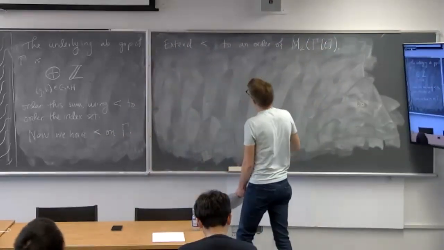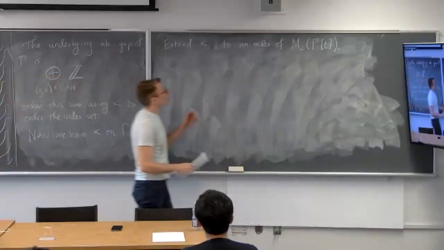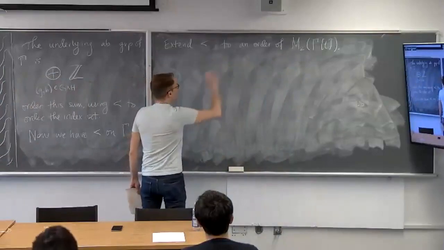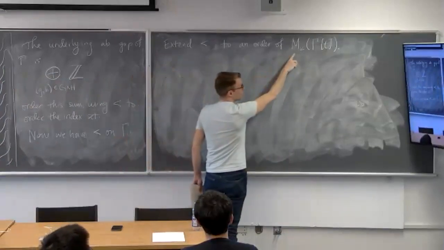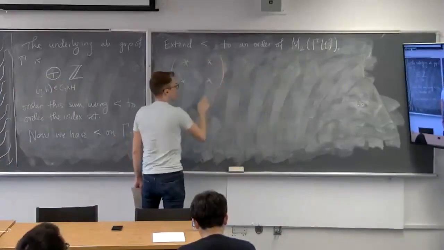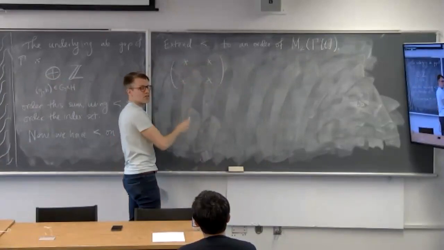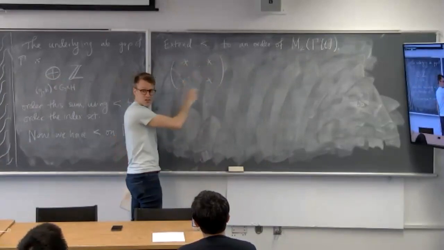And now I just want to say, how do we order this? So here's how to extend this ordering to that. Everything in here is a 2 by 2 matrix. So I want to look at a 2 by 2 matrix and choose an arbitrary ordering of the entries. We have to decide which one is going to be called first, second, third, and fourth.